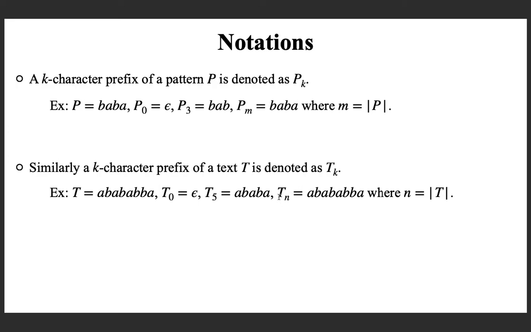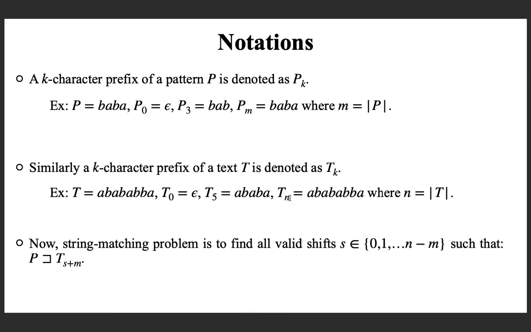And if you look at T subscript n, the length of the string T, then you are getting ABABABBA. Okay, because that is the entire text, because you are substituting n as the maximum value.